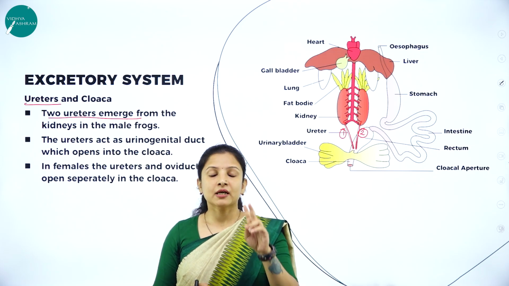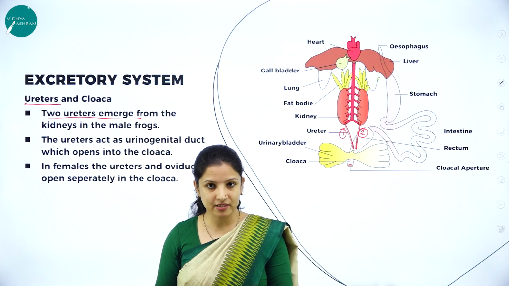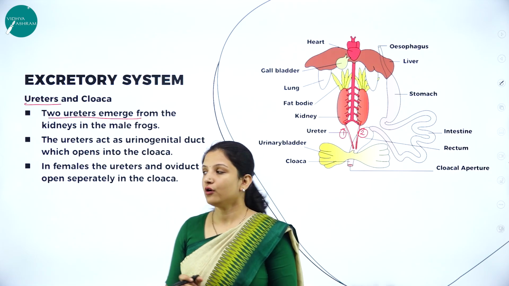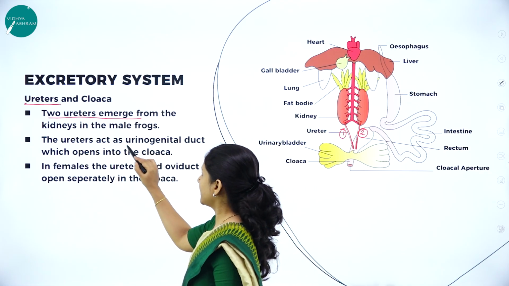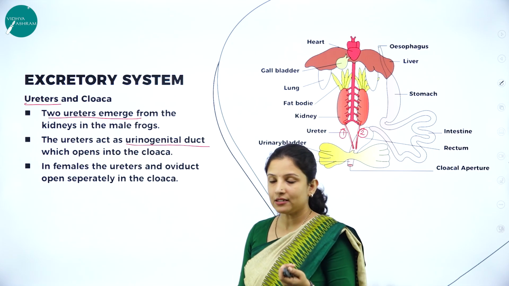That is why it is called the urinogenital tract. It functions like a genital tract and like a urinary tract as well. Therefore, it is called the urinogenital duct, urinogenital tube or urinogenital tract.